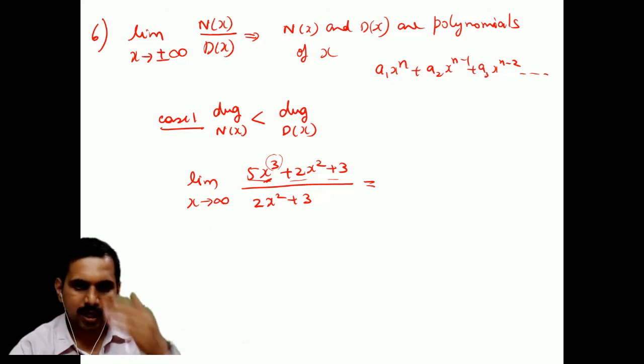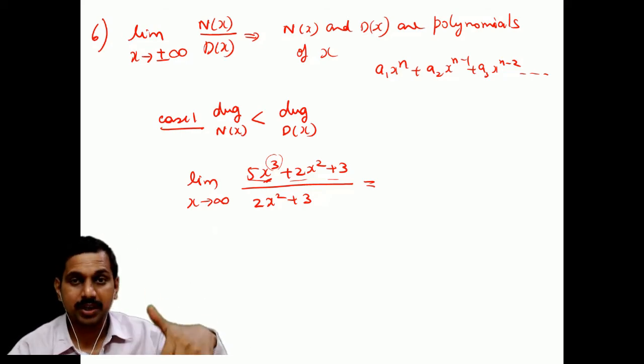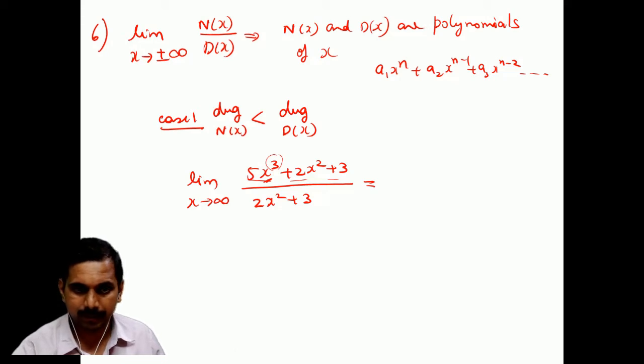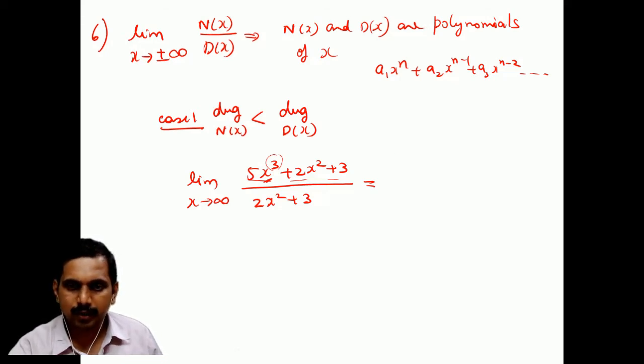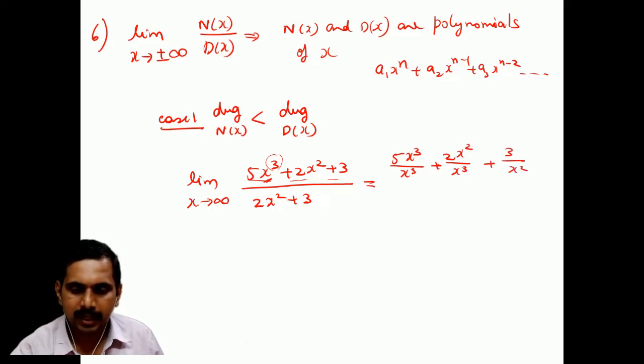This is applicable for case 1, case 2, case 3, all the 3 cases. So here we will say x cube by x cube plus 2x square by x cube plus 3 by x cube. The limit is there, don't skip the limits.